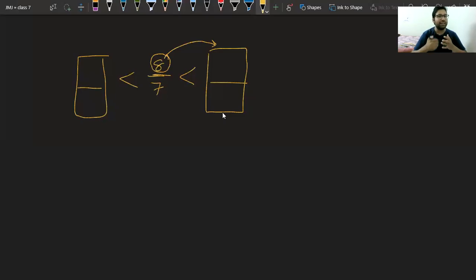By how much shall I increase this 8 so that it becomes divisible by 7? Yes, Kanishka, correct. Very easy. We will increase by plus 6, and that gives us the nearest larger integer, 14 by 7, which is 2.